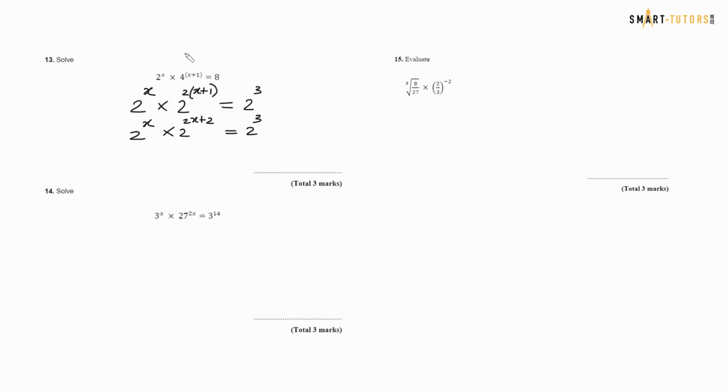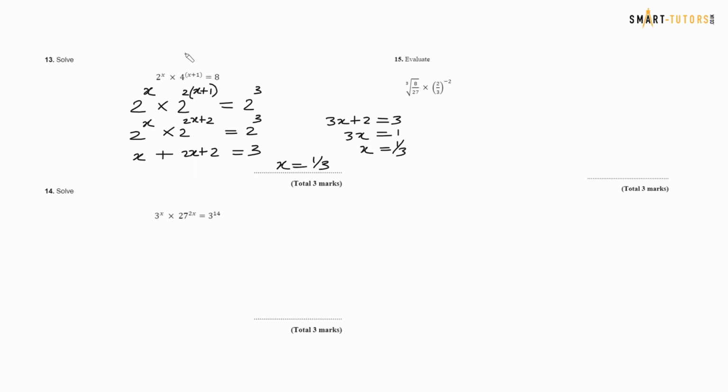If the bases are same, we can add the powers, since multiplication means add. So x plus 2x plus 2 equals 3. 2x plus x is 3x, so 3x plus 2 equals 3. So 3x equals 3 minus 2, which is 1. So x equals 1 upon 3. That is the answer for question number 13.